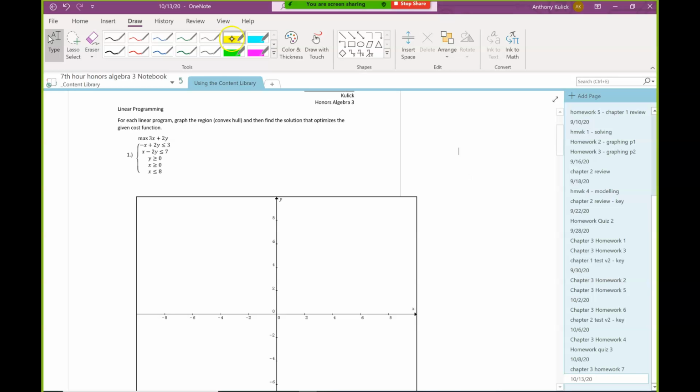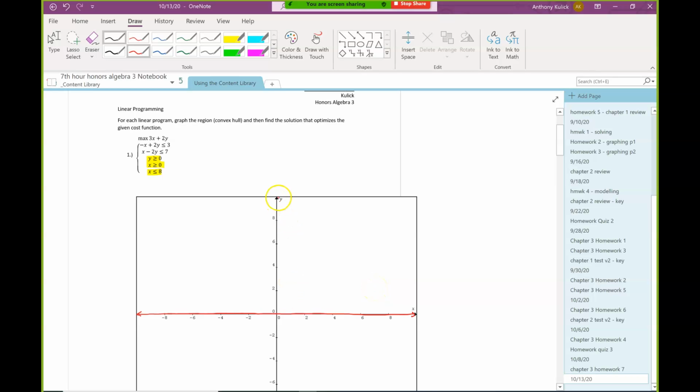So I'm going to start here just by graphing those 3 pieces, because drawing those parts is going to be really pretty straightforward. So y greater than 0 is everything above the x-axis. So there's my y equals 0, and we're looking at the stuff above that.